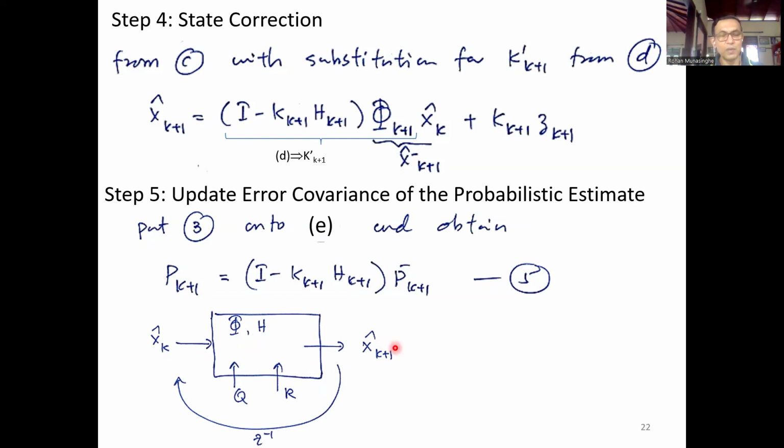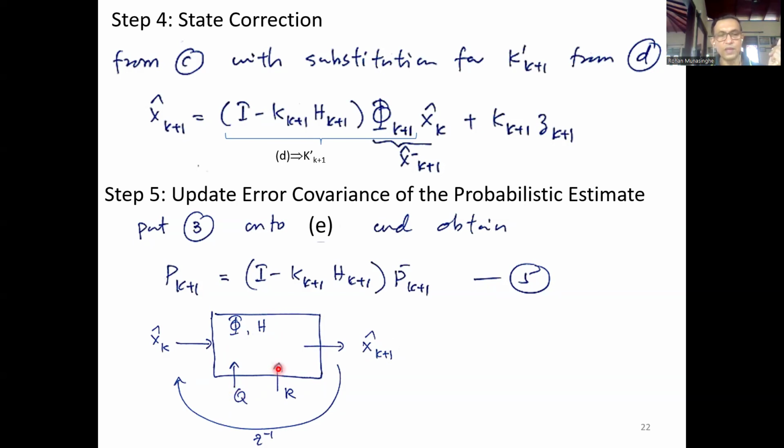But you need to give the state transition matrix, capital phi, and the output matrix or vector H, and you have to give Q, the process noise covariance for unmodeled dynamics, and the noise covariance of the sensor.